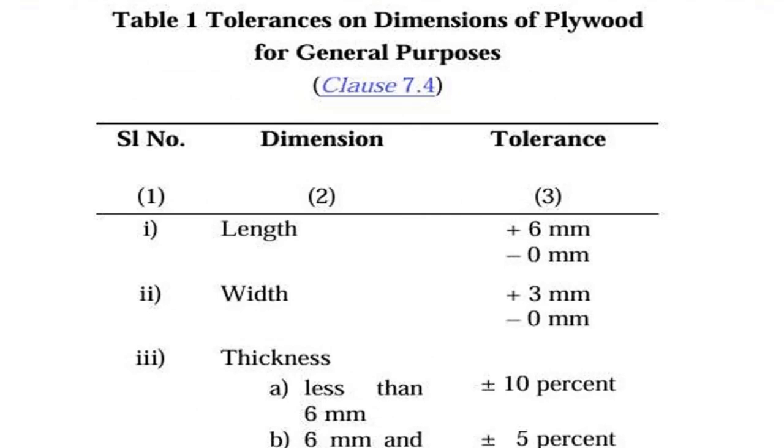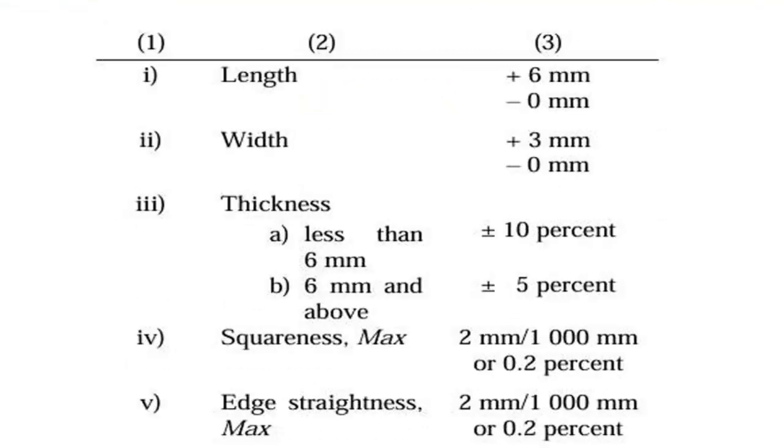Now, what is the dimensional tolerance? Because whenever we are getting the plywood, there is always a dimensional tolerance. In length, it is +6 and -0. Width is +3 and -0. Thickness less than 6 mm is ±10%, and 6 mm and above is ±5%. Squareness is maximum 2 mm in 1000 mm or 0.2%, and edge straightness is 2 mm in 1000 mm or 0.2 percent.